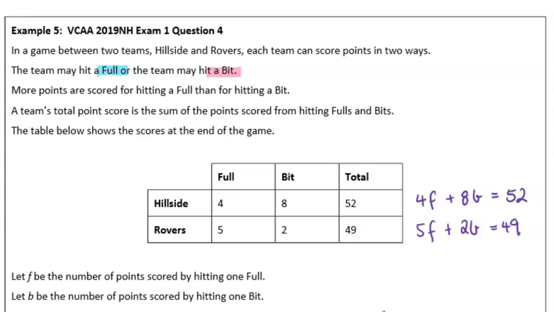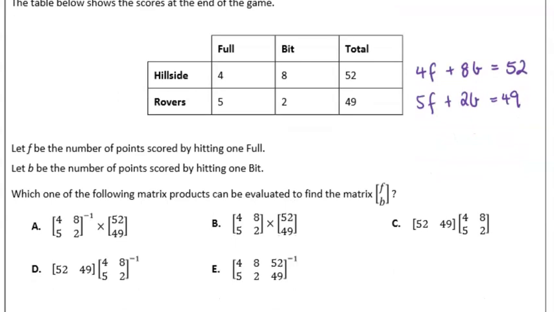We're now being asked to find which would be the matrix product that could be used to find matrix F and B. So again, from our version of setup, A times X equals C, we want to get our answer matrix. So we want to get X on its own, which means we're bringing the inverse of A across and multiplying by C. We have two equations with two unknowns.